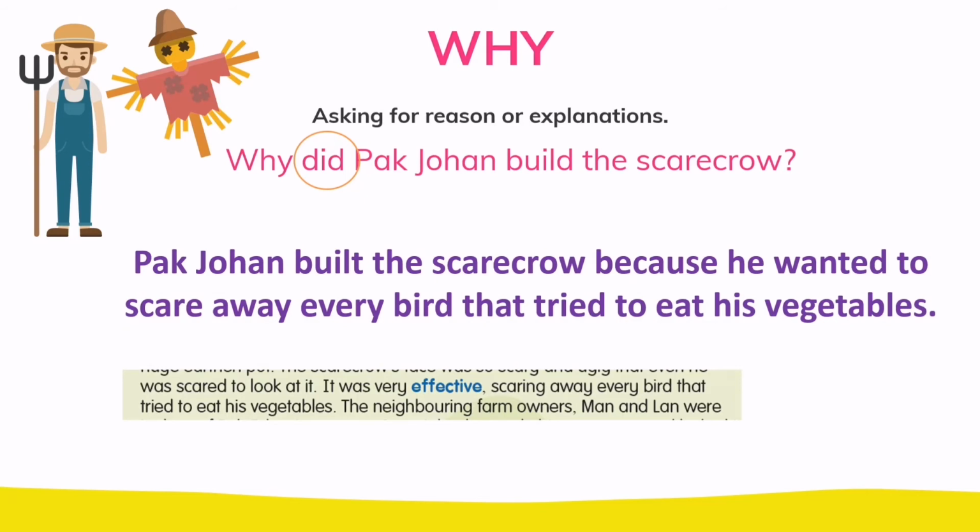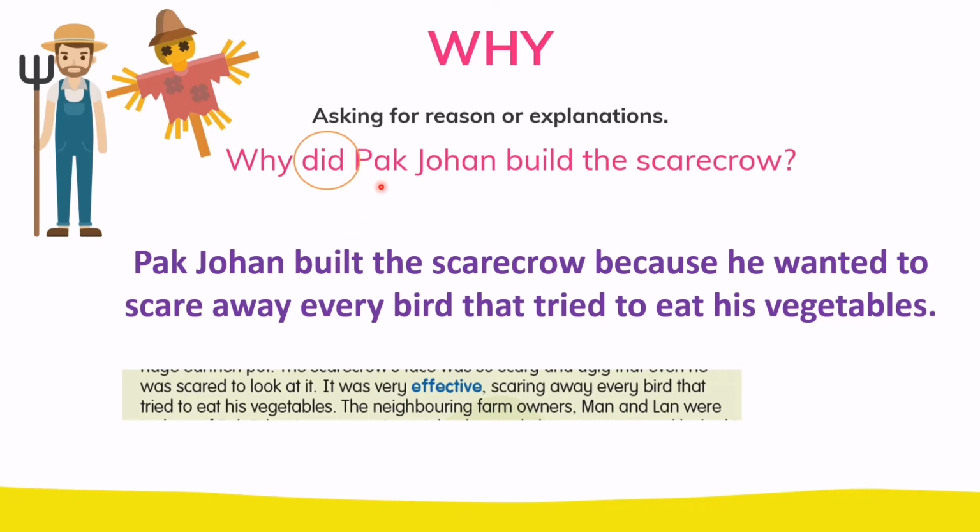Okay, can you see the answer that I have provided? Ambil balik dari sentence dia. Pak Johan build. Apakah past tense untuk build? B-U-I-L-D? B-U-I-L-T. Built. The scarecrow. And then, bila soalan ada why, jawapan kena ada because.